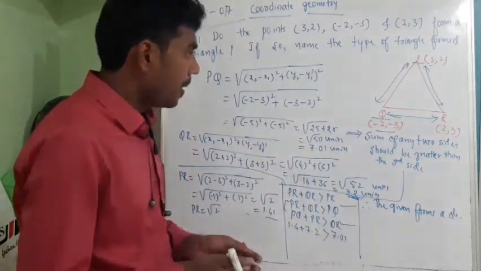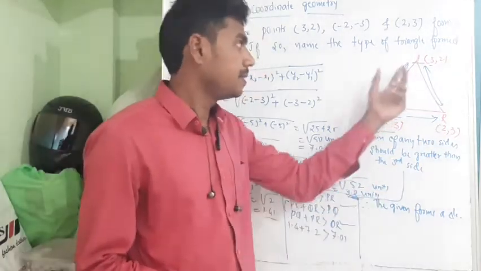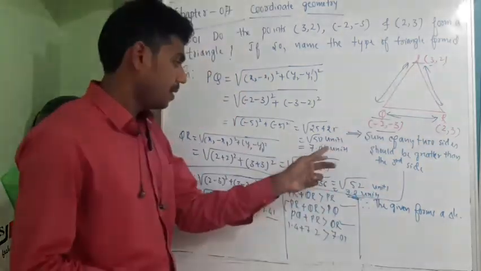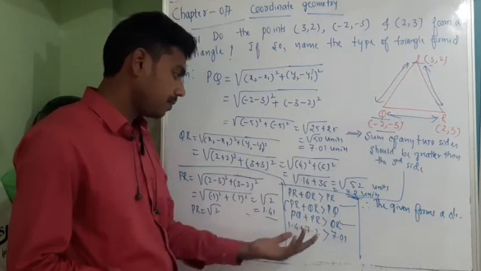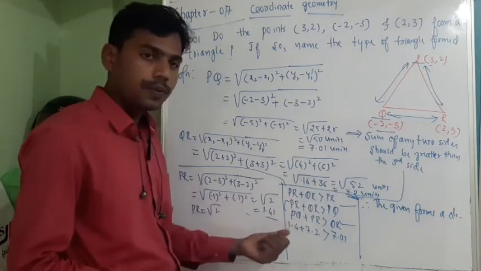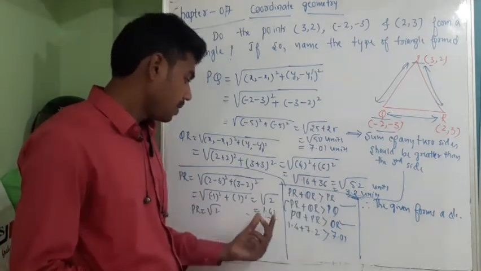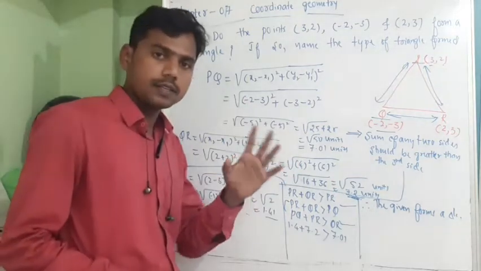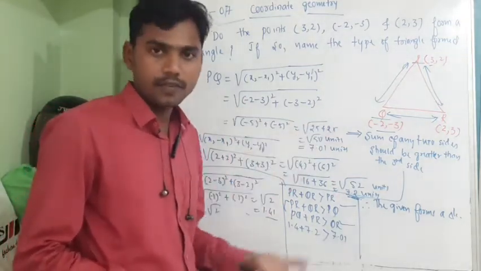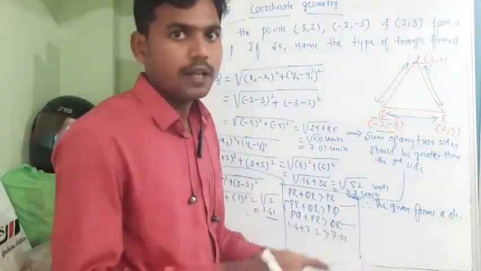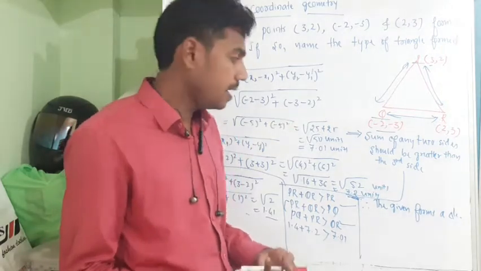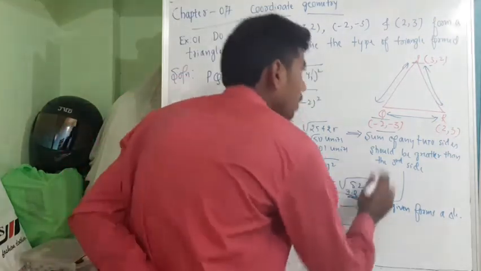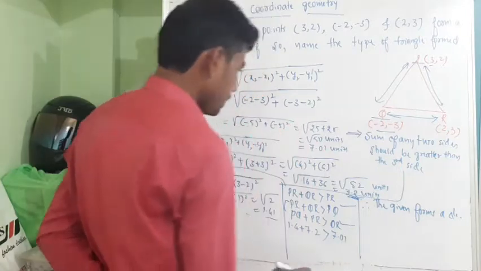See, based on the sides we can say this is a scalene triangle. See, 7.01 is different from 7.2 and 1.4 is different. So the three sides have different dimensions. We can call it a scalene triangle. So if you want to name it by angle, see, which is the greatest angle?